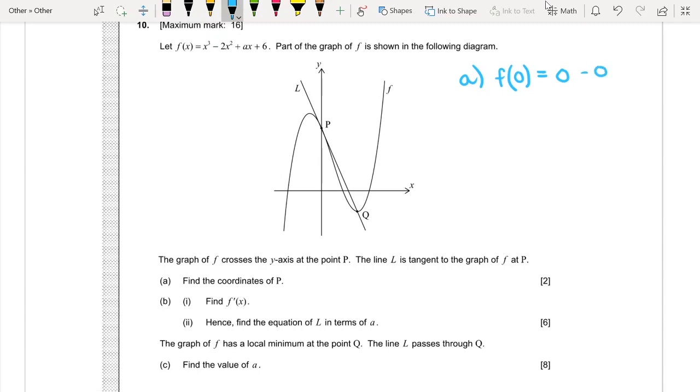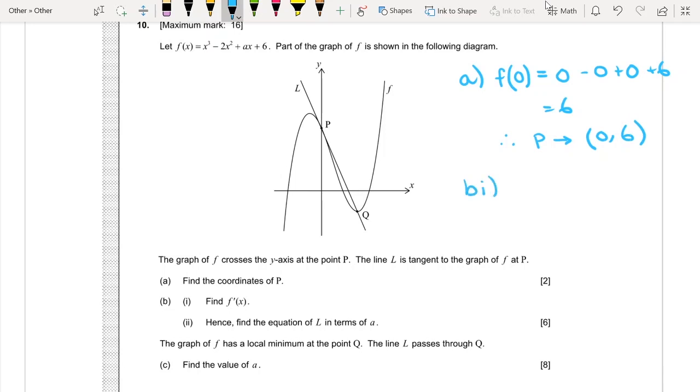And ax, anything times 0 again is 0, so that's plus 0, and then plus 6. So now we know that's equal to 6. And so from that, we're able to deduce that the coordinates of the point P are 0, because it's on the y-axis, 6.